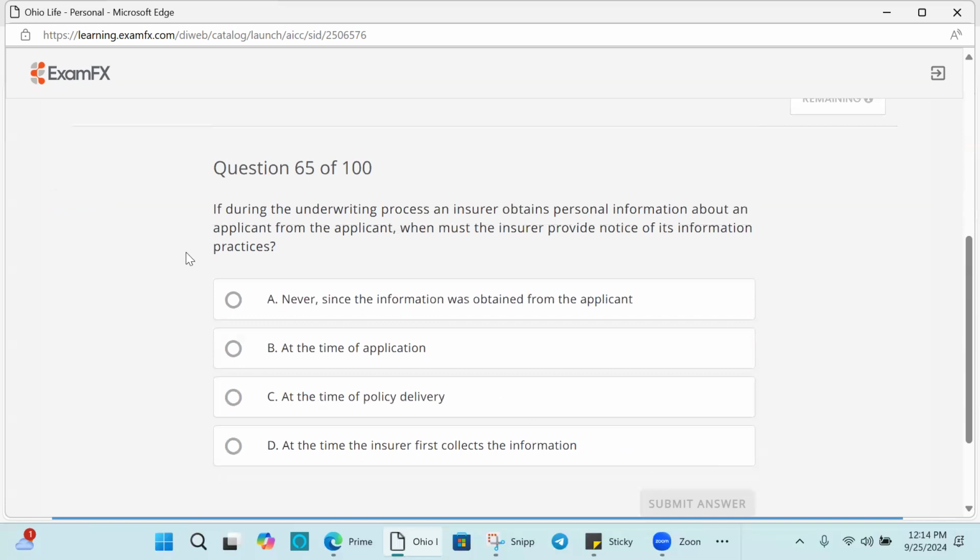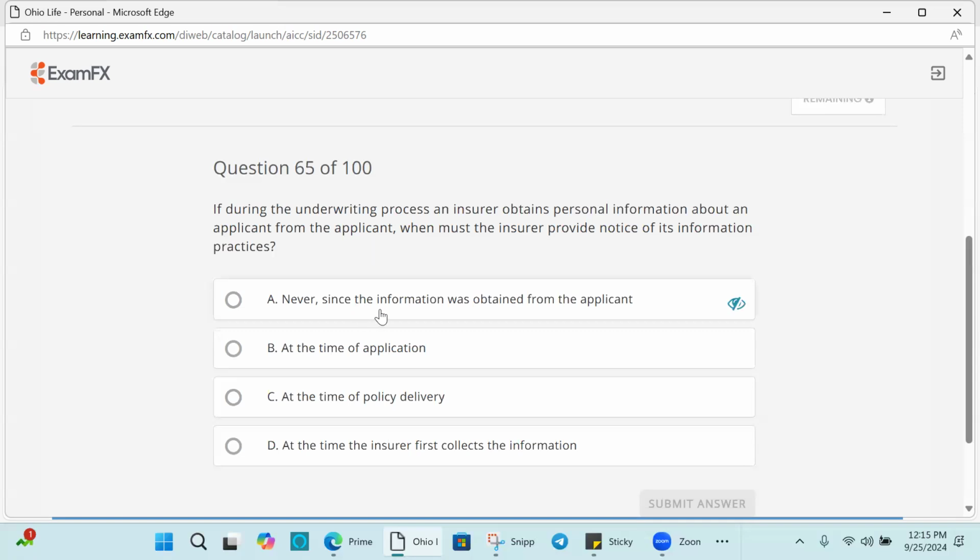If during the underwriting process the insurer obtains personal information about an applicant from the applicant, when must the insurer provide a notice of information practices?